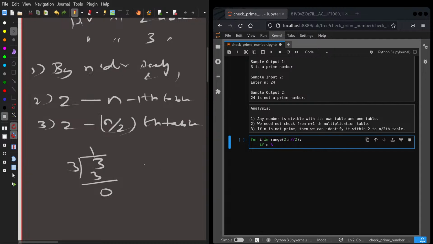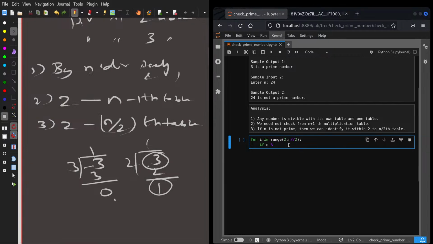But if it is not divisible by that number, then we will have, for example, 3 divided by 2. In this case, 1 2 is 2, we have 1 as a remainder. Mod operation stops with the remainder. It will not put additional and proceed. It will just stop over here. Understood? So we have a non-zero number as a remainder. When we get a non-zero number as a remainder, it means that this particular number is not divisible in the 2 table. Whereas 3 is divisible in the 3 table, so we got 0 over here.